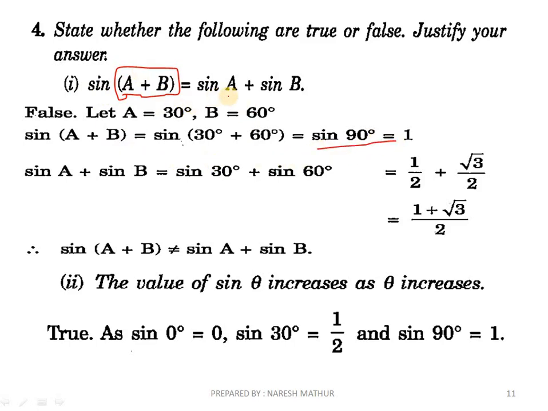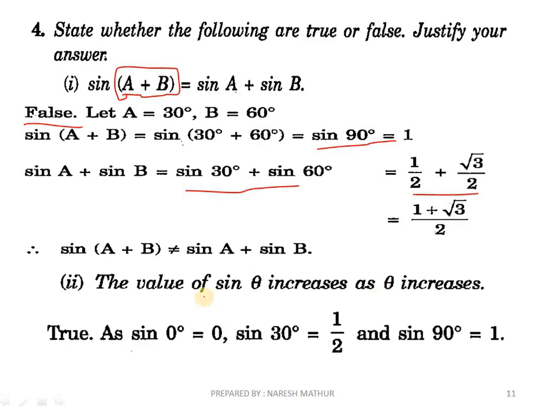Now see sin A plus sin B, sin 30 plus sin 60, sin 30 is half and sin 60 is root 3 by 2, so it is not equal to 1, so this statement is false.